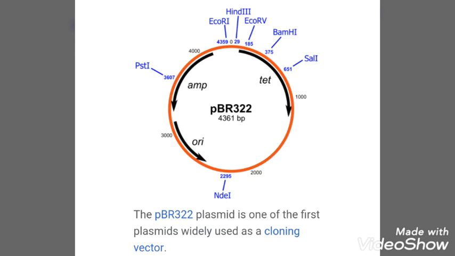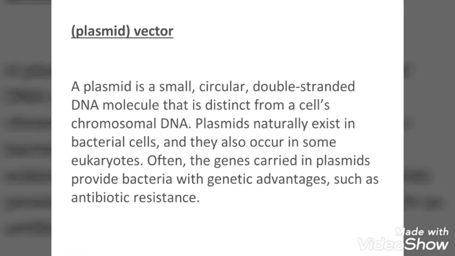Restriction enzymes cut the DNA molecule at particular sites, so a plasmid also has restriction enzyme sites. A plasmid is a small circular double-stranded DNA molecule that is distinct from the cell's chromosomal DNA.